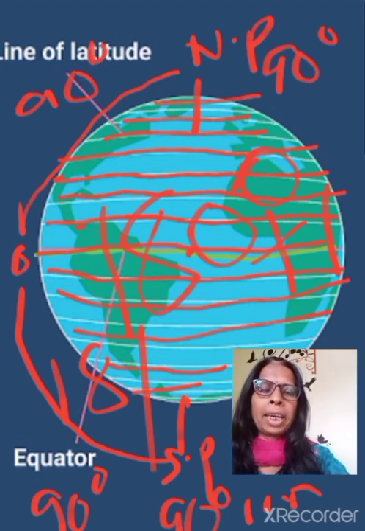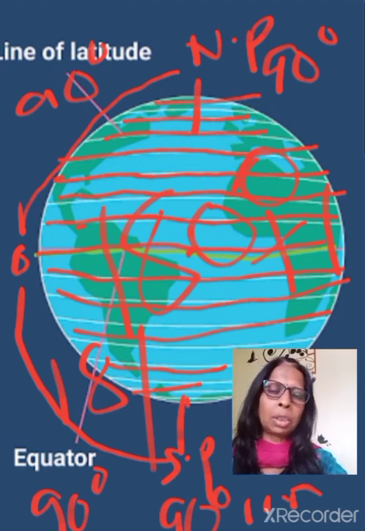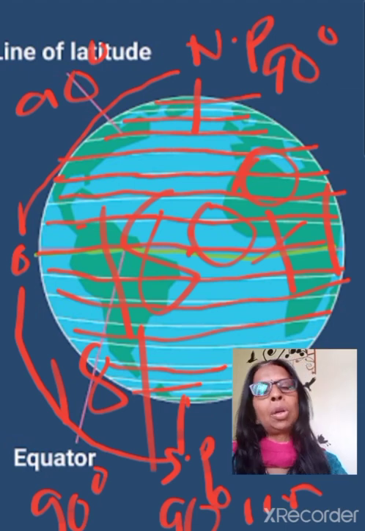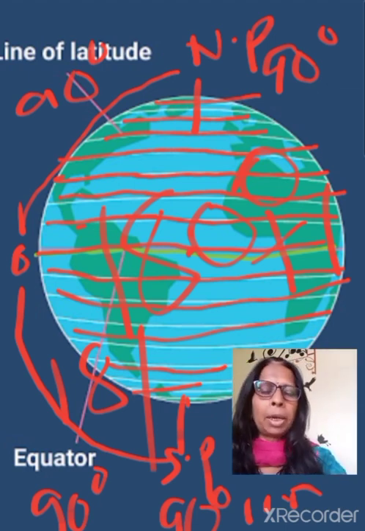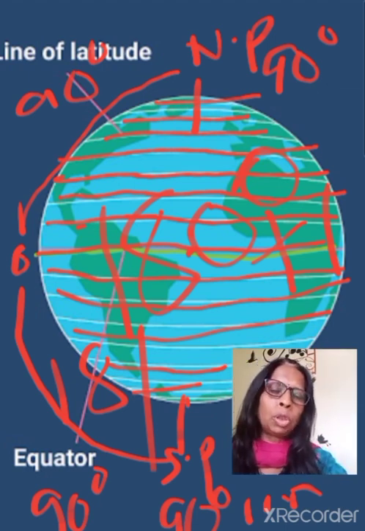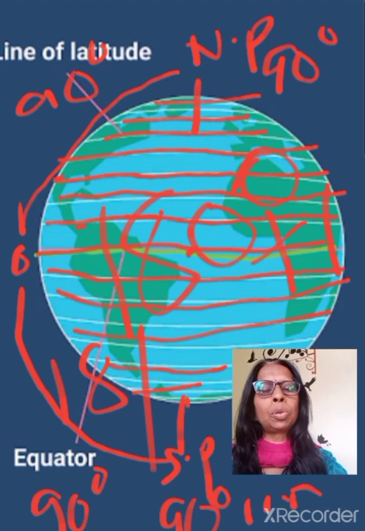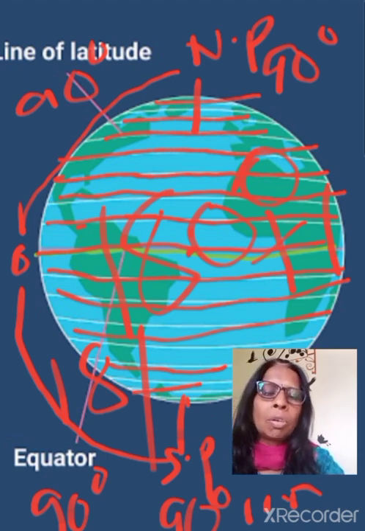Please keep it in mind. Of course, if there is no option of 181, then you can write 180. But if both options 180 and 181 are given, please write 181.